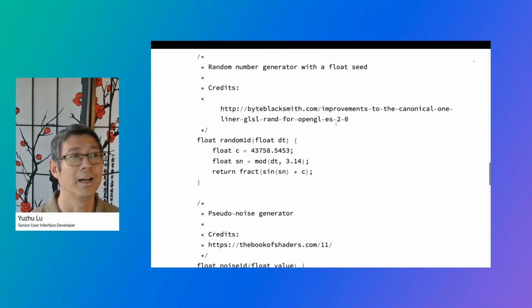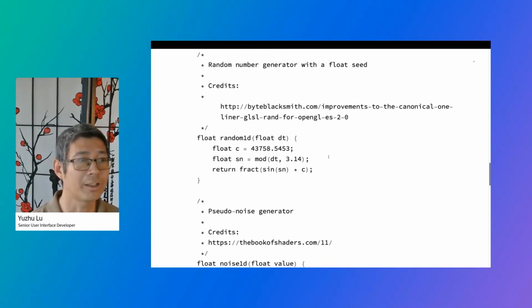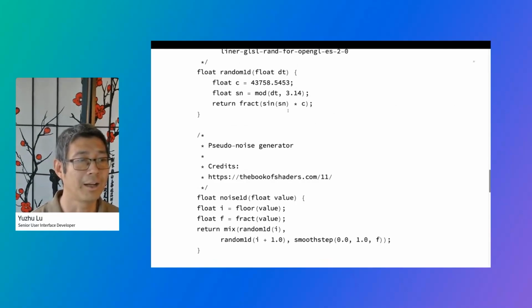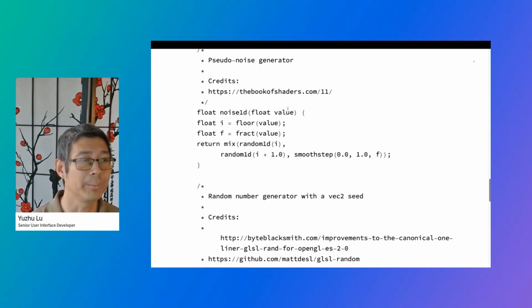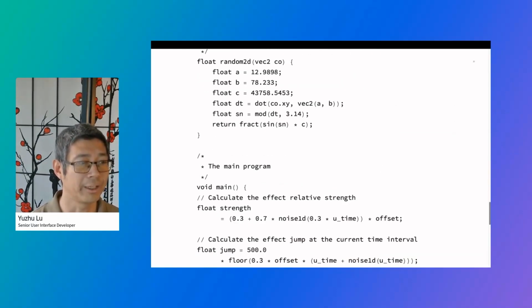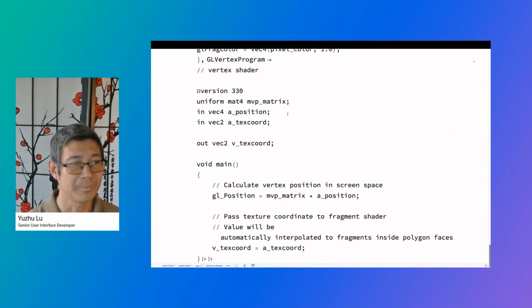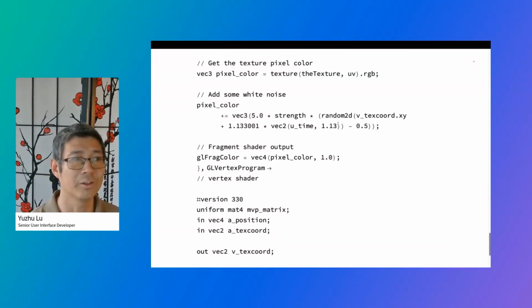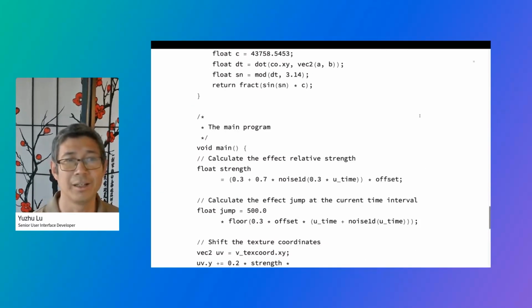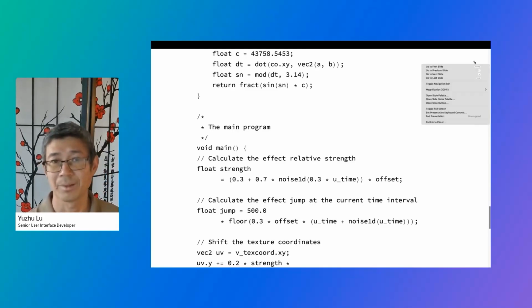You can see where this file is coming from, and also how it is implemented, with some random number generator. You can take all this information and play with it, and you will get something nice.